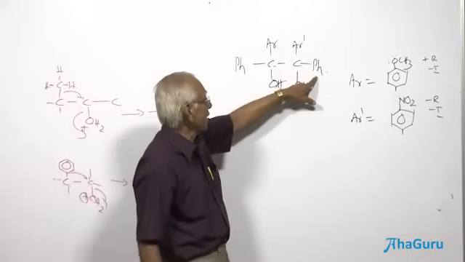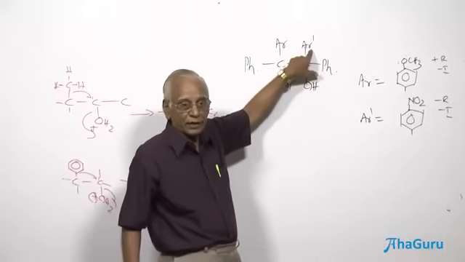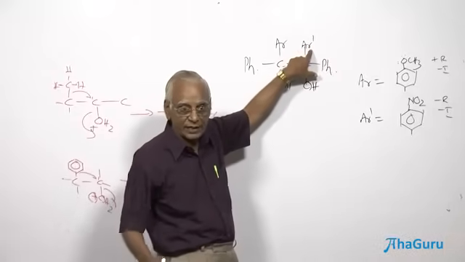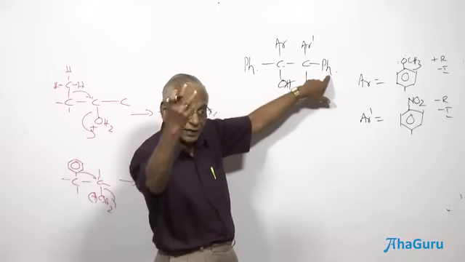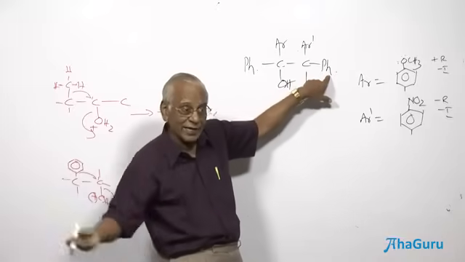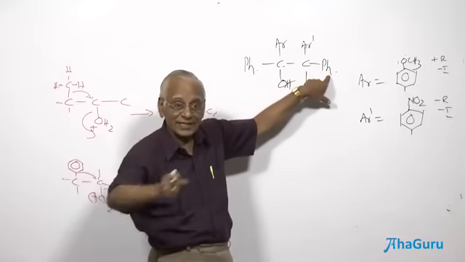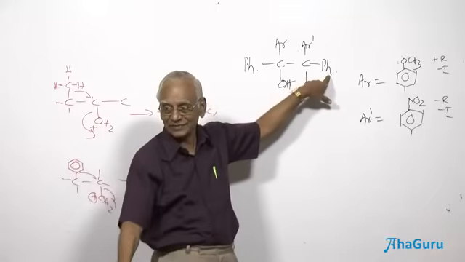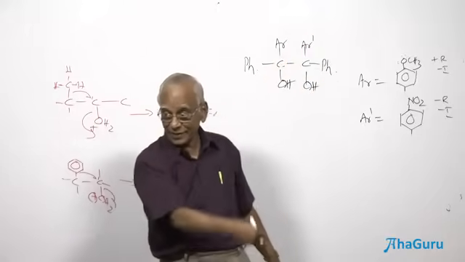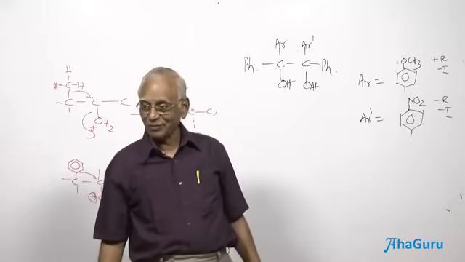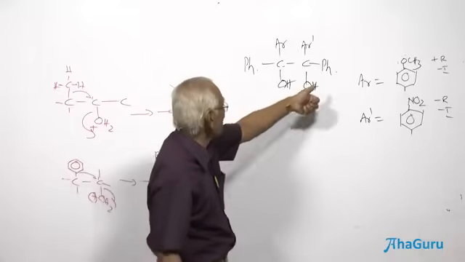Now you have got phenyl and paranitrophenyl. Which carries rich electron density, phenyl or paranitrophenyl? Phenyl. Paranitrophenyl has already been deactivated. The electron density in the benzene ring is going to be less. So when compared to paranitrophenyl, which has greater migratory aptitude? Phenyl group. Therefore, the phenyl group migrates.